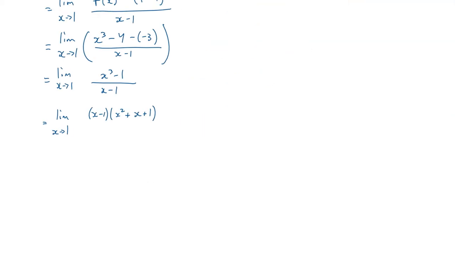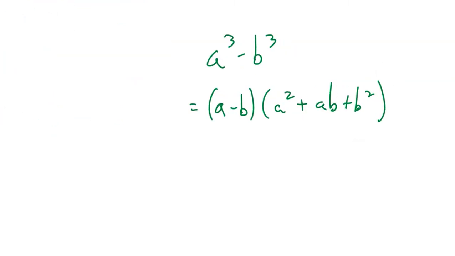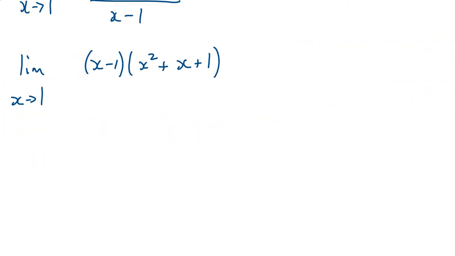I'll write it out over here. a cubed minus b cubed equals a minus b, a squared plus ab plus b squared, right? Now we kind of remember that? Okay, over x minus 1.